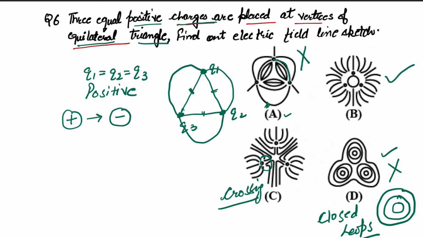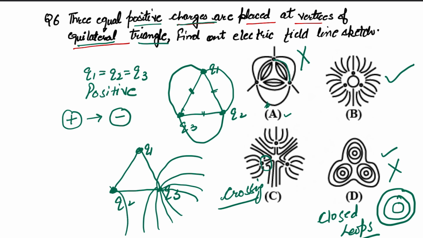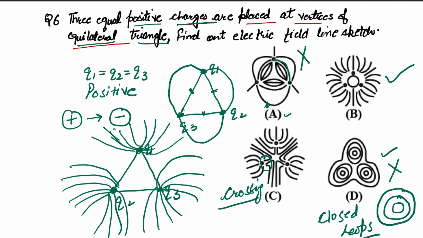The correct option is B. So if you draw it, this is charge Q1 which is positive, this is Q2 which is positive, and this is Q3. So electric field lines are drawn in this way. Similarly for the second charge. So option B is the correct answer.